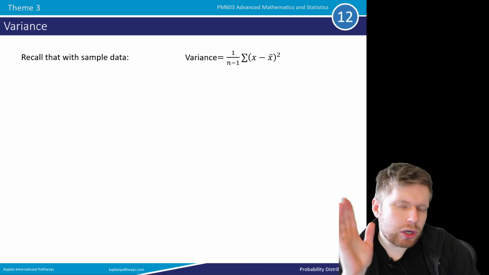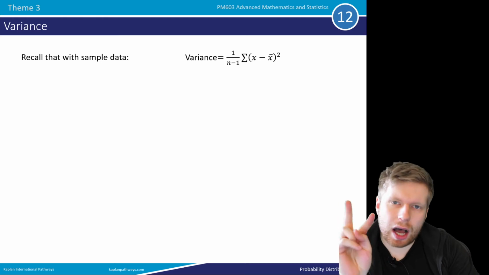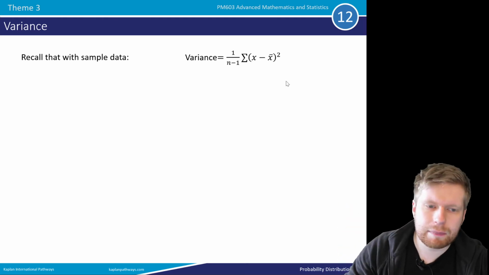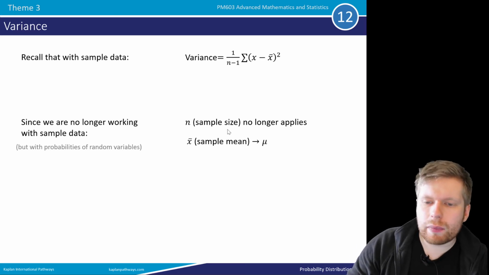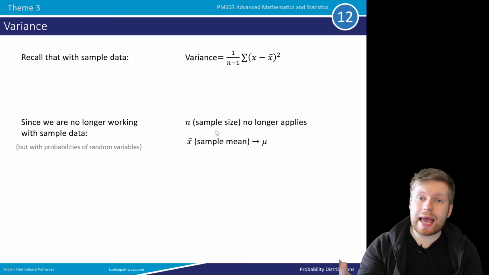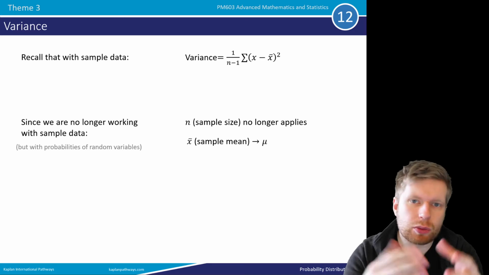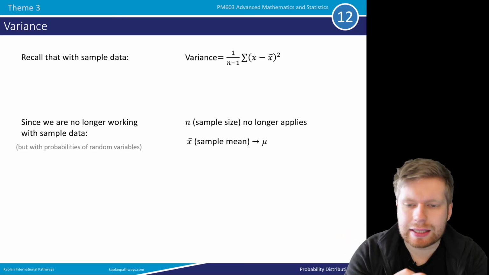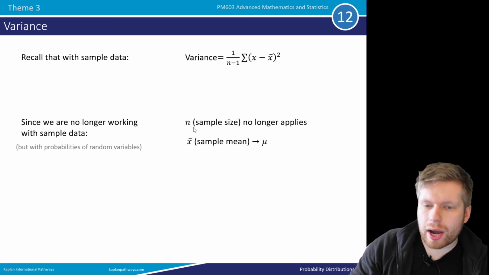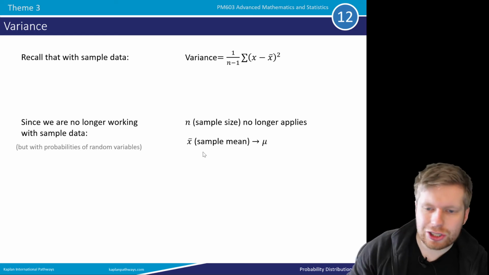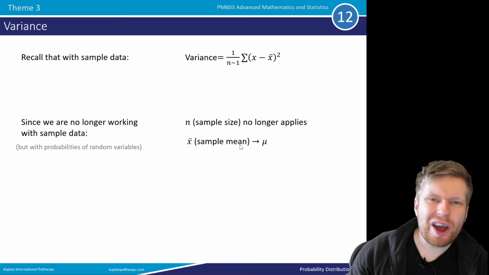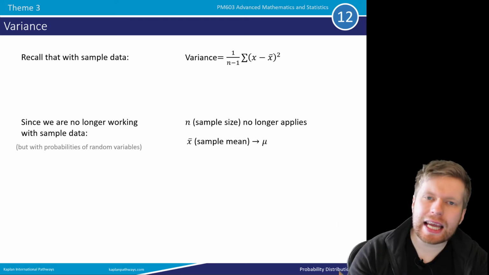So that's the thing with sample data. Now, here's the thing. We're no longer working with sample data, so there are a couple of adjustments that we need to make. The first is that we're no longer working with a sample size. We're working with probabilities instead. So there's no sample data, and we don't know how many things have been collected. Therefore, the sample size no longer applies. Also, the sample mean we just calculated is a bit like expectation.